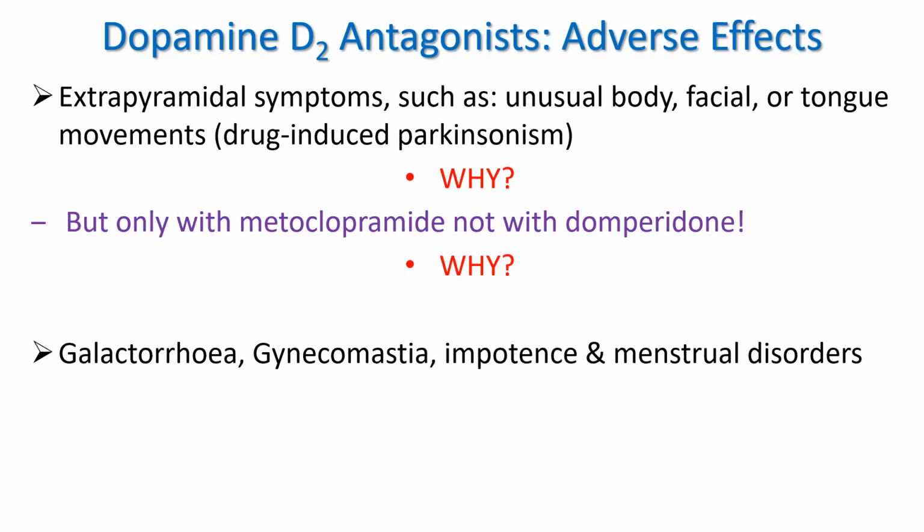Prolactin. What does inhibit prolactin secretion? This is a prolactin inhibitory peptide, which is dopamine. So dopamine inhibits prolactin production. When you're blocking dopamine, prolactin will be higher. So this is hyperprolactinemia, which leads to all these galactorrhea, gynecomastia, impotence, menstrual disorders.